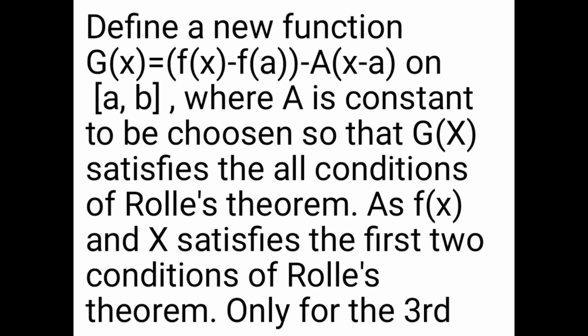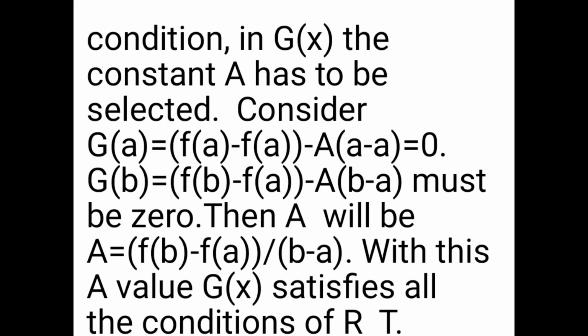So g(x) also satisfies the first two conditions of Rolle's theorem, that is, g(x) is also continuous in the closed interval [a, b] and differentiable in the open interval (a, b). Only for the third condition, g(a) must equal g(b). For this condition, we need to decide the value of A.